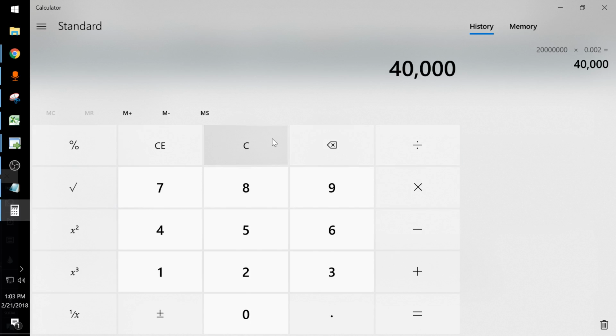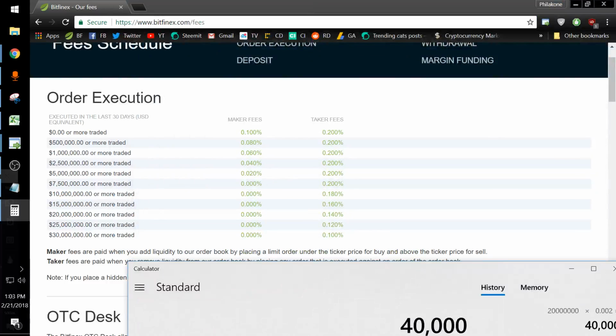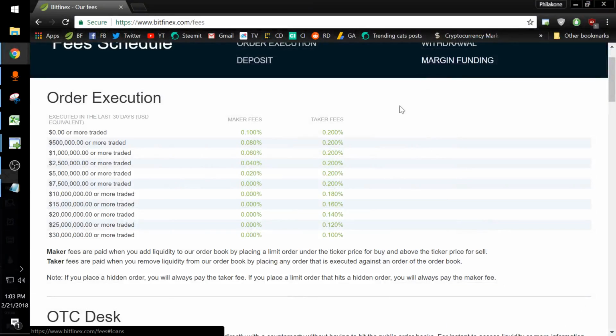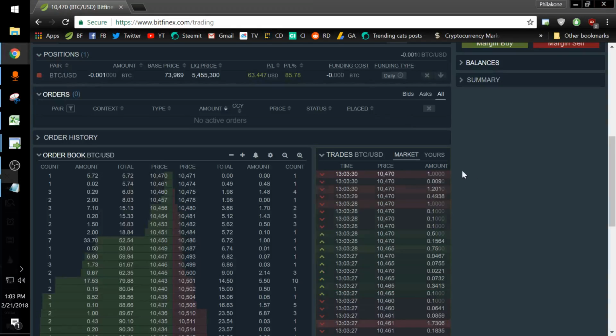Now let's say you go from 0.2, and I'm at right now about 14, and then let's say it changes by 0.02. How much will that actually save me a month? Let's see the math. 0.02, I'll be saving myself $400 a month. It's not a significant amount, but every little bit really does add up, guys, throughout the month. So that's why fees are really important as well.